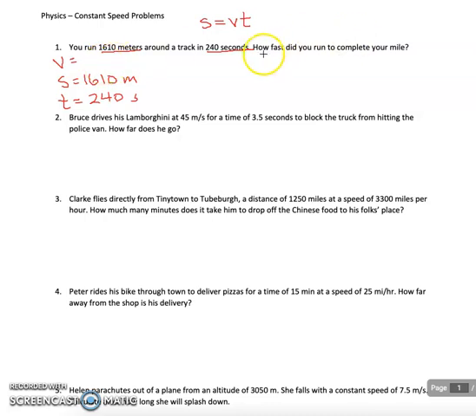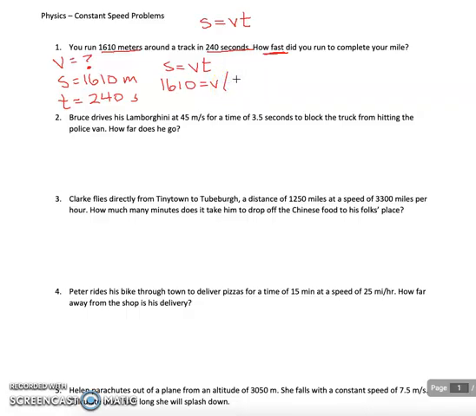And then the question is how fast? The question always tells you what you don't know. So rearranging that equation, well, we can start out with S equals Vt. That's how we've developed it. S is going to be 1610.